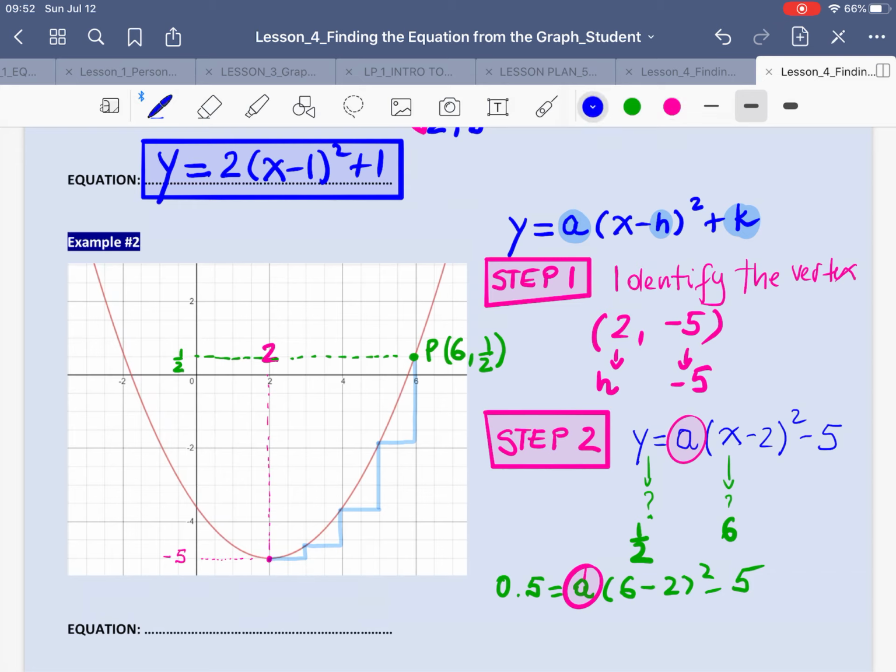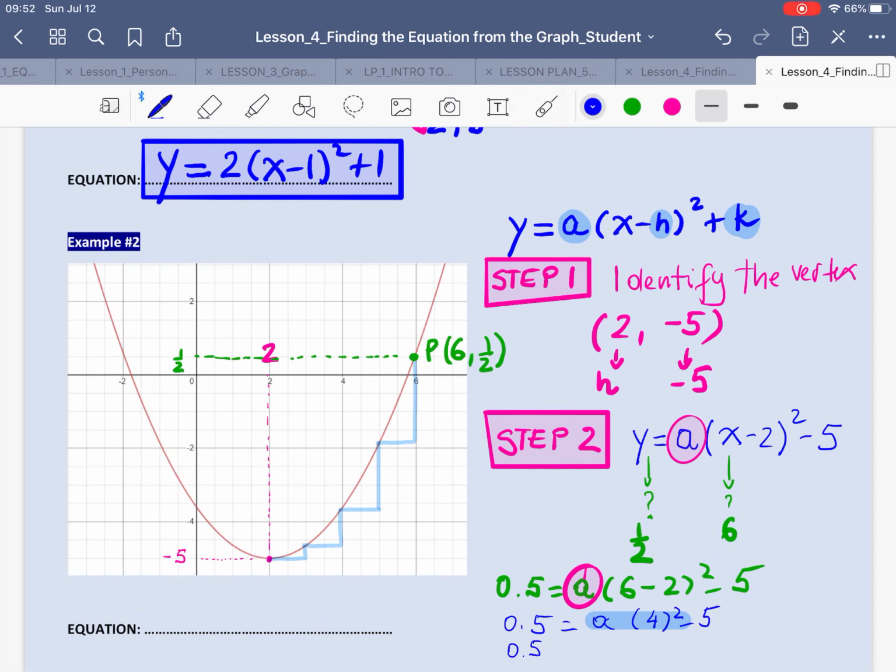So here we go again. We have 0.5 equals a times 6 minus 2 squared, which is 4 squared, minus 5. Now I will isolate the term that is carrying the variable in here, so this one. And I will take negative 5 to the other side of the equation.